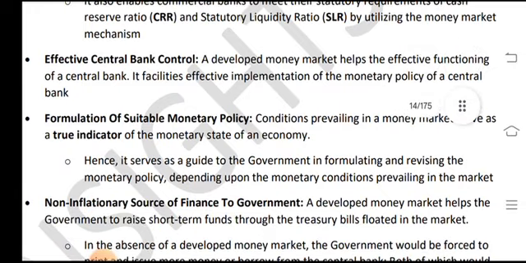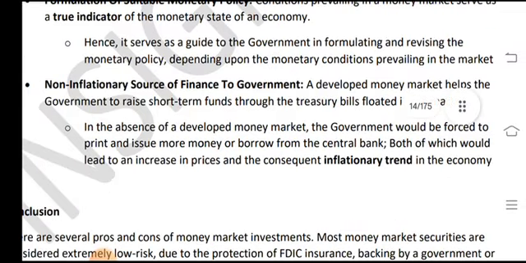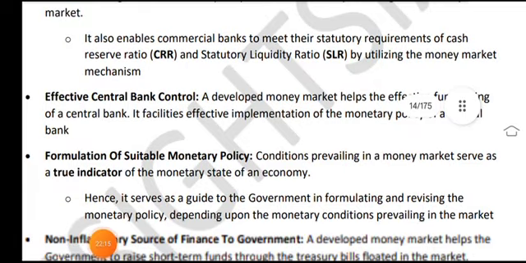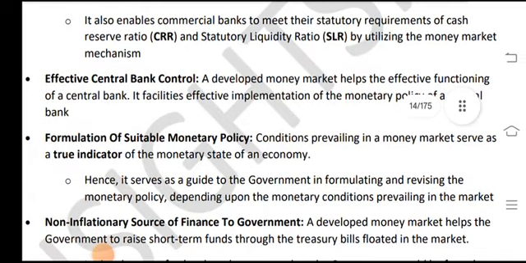Effective central bank control, formulation of suitable monetary policy, and non-inflationary sources of finance to the government. A developed money market helps the effective functioning of the central bank.